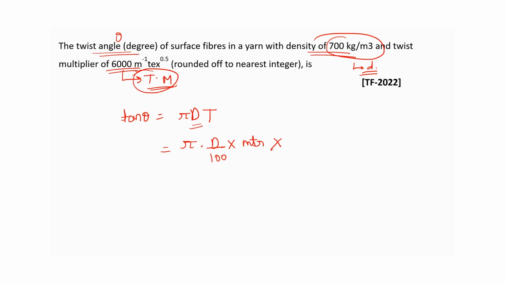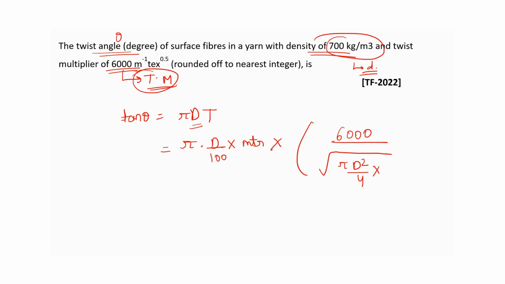What is t? The formula of twist is twist multiplier, 6000, upon pi d square upon 4, d being the diameter. That means pi r square into rho, the density.